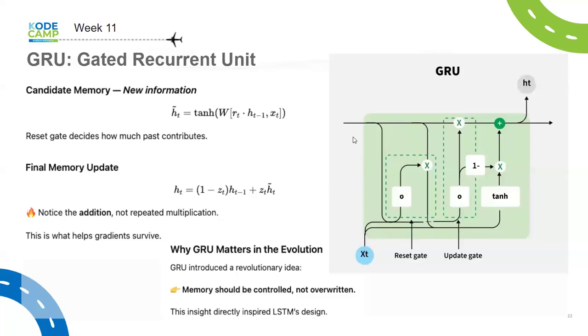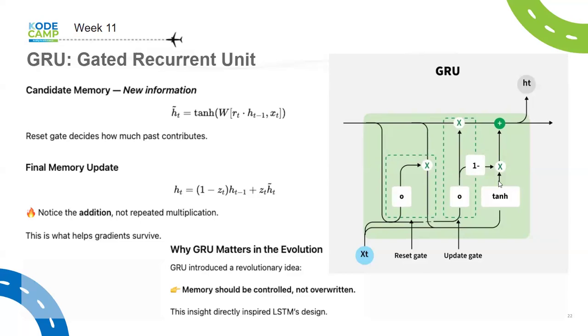Where you have the XT, and the previous HT comes in. The HT and the XT are combined, and then you have this gating. This is the reset gate, and it's used to gate how much of the previous memory comes into the actual new memory that we are creating.